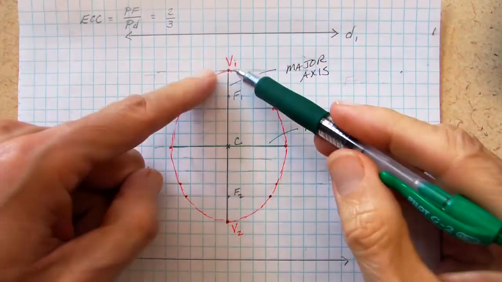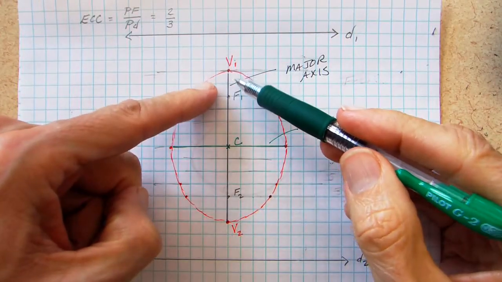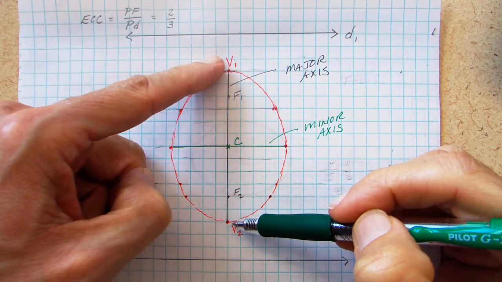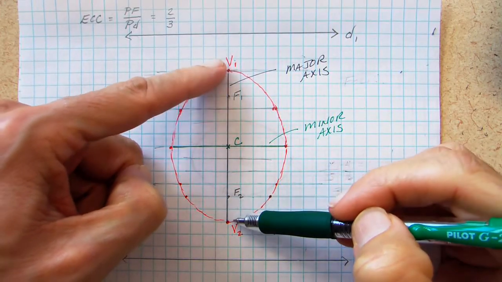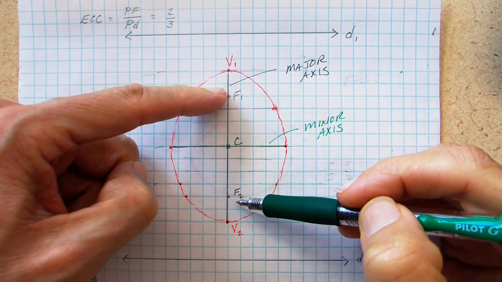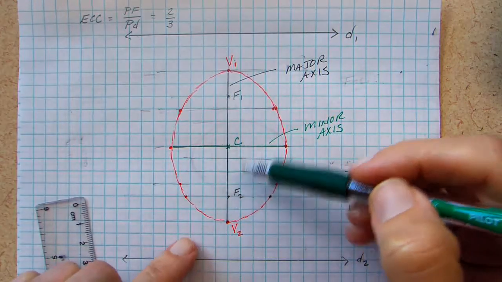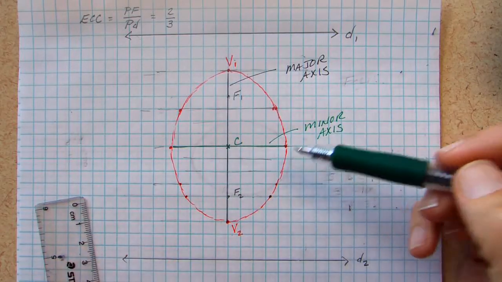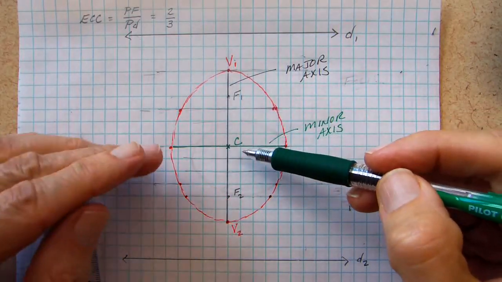You will always find that on the major axis is where the focal points and the vertices lie. So these things will never lie on the minor axis. They'll always lie on the major axis of the ellipse. Okay? So we have the major axis, we have the minor axis, focal points, we have center, vertices.